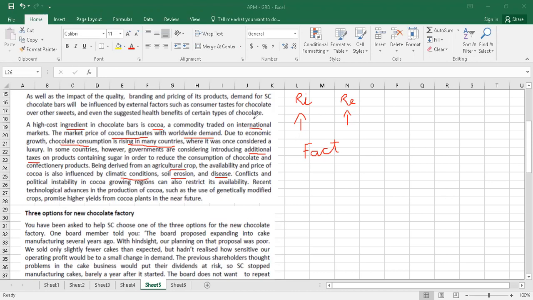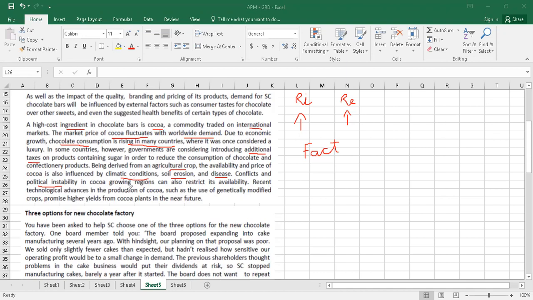Since it is a commodity traded on the international market, any kind of political instability in any of the countries or regions where cocoa is produced will have an impact. So there is one more factor about political instability in the regions where cocoa is grown.